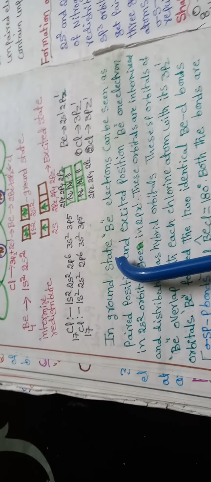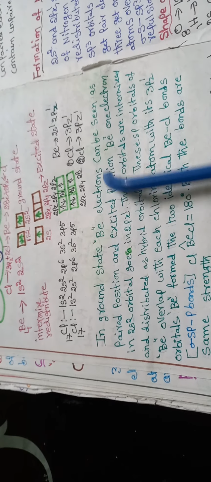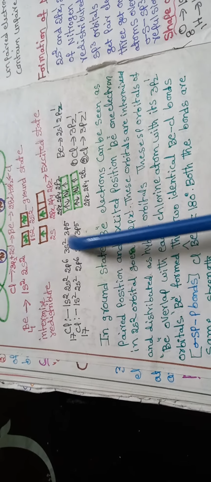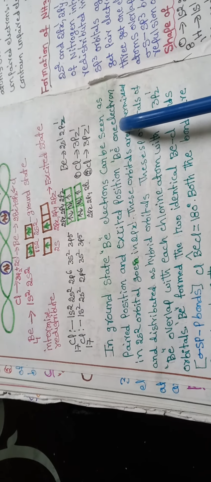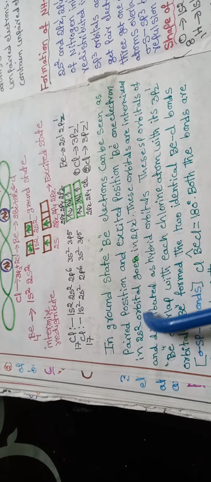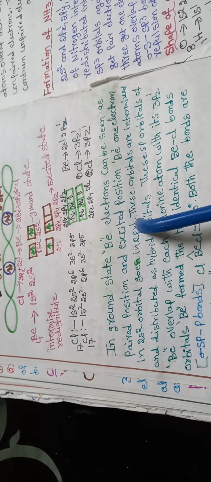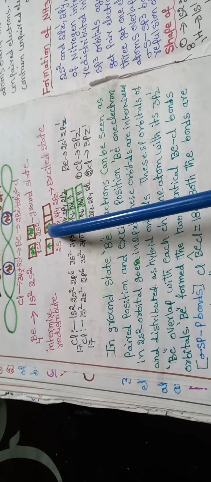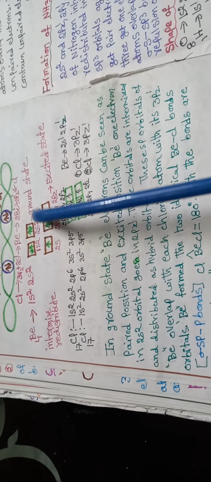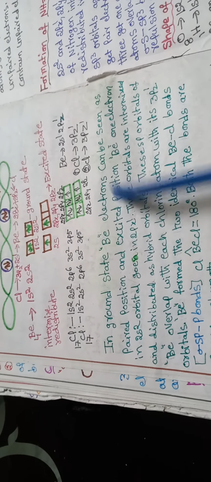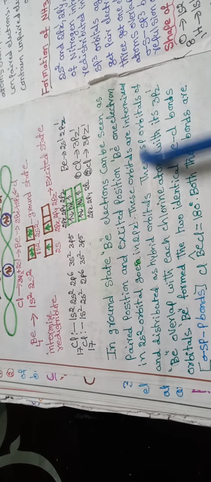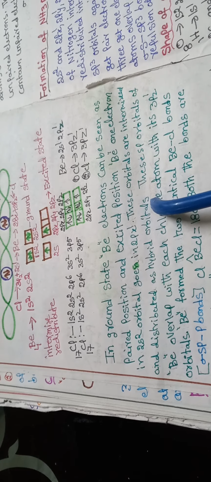In the ground state, beryllium's electrons are in paired positions. In the excited state, one electron from the 2s2 orbital goes to the 2px1 orbital. These orbitals are intermixed and redistributed as hybrid orbitals.